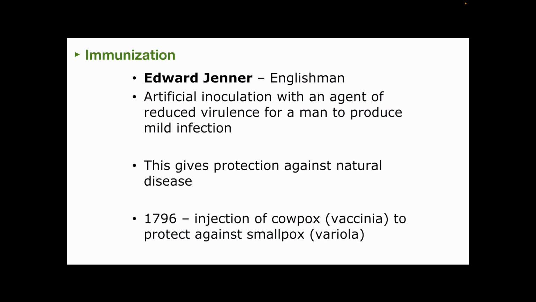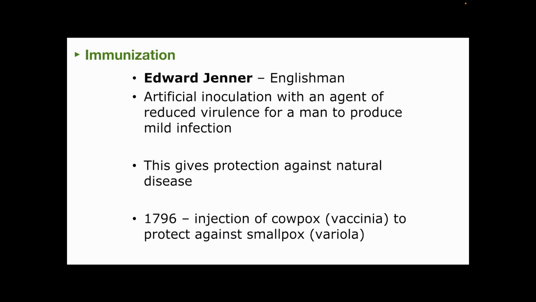And so Edward Jenner then drew the conclusion that the boy was completely protected from smallpox due to the cowpox with which he was vaccinated earlier. And so after repeating this procedure several times, he called this process vaccination, after the Latin word for cowpox, vaccinia.